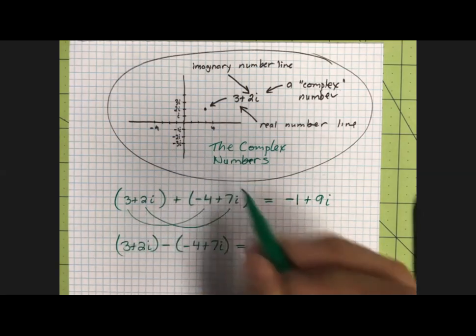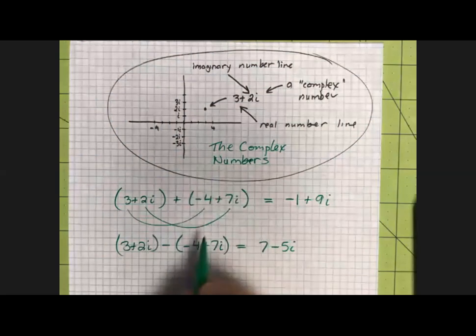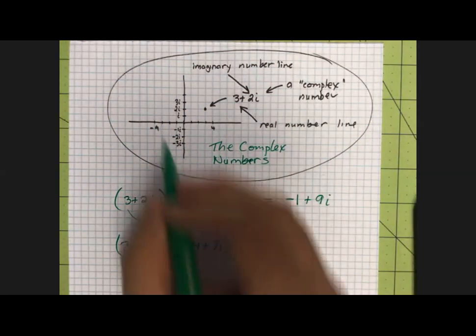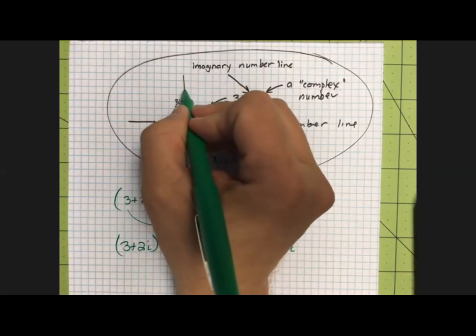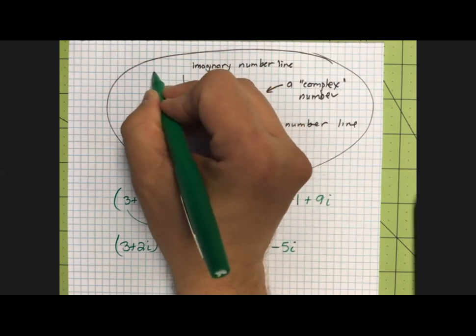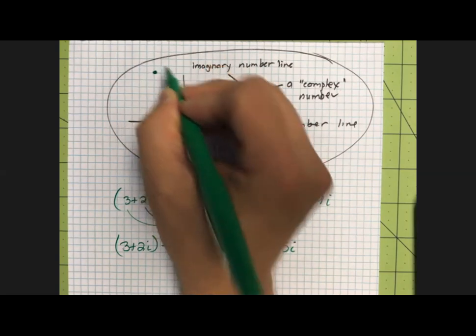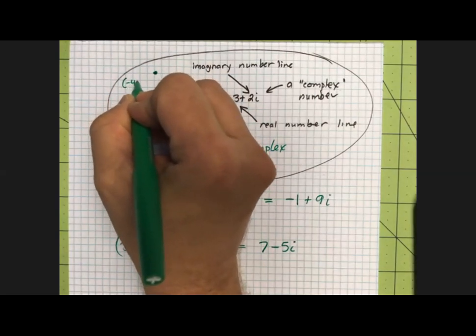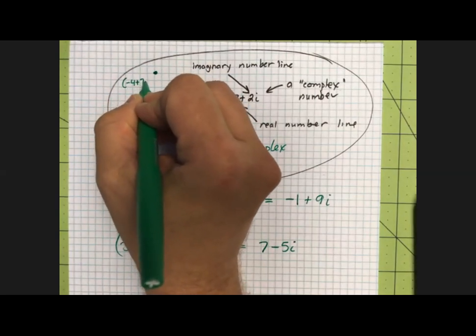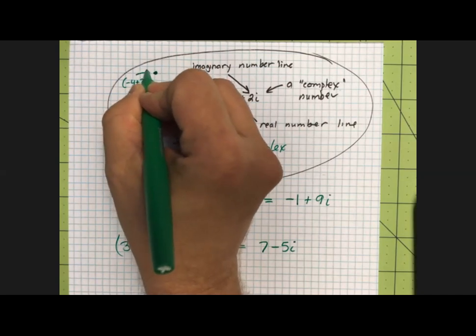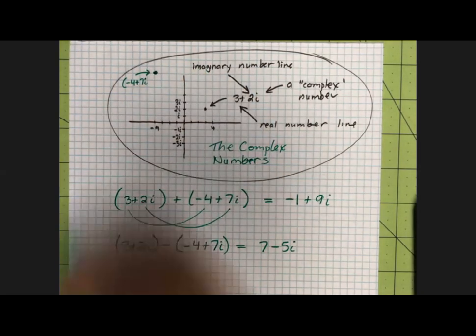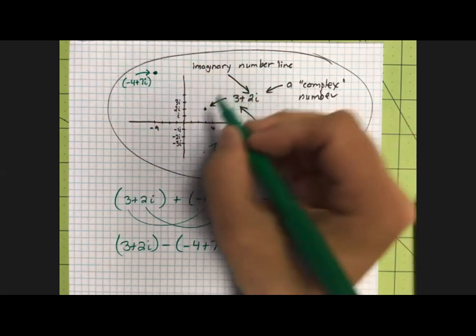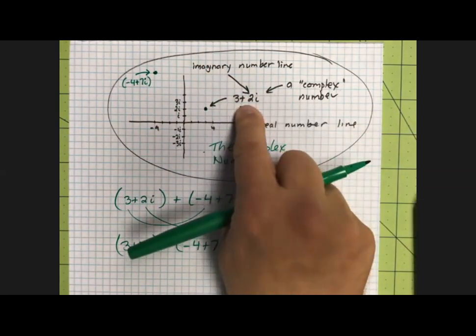So what I've just showed you is that if I pick out, now where's -4 plus 7i? That must be pretty high up here. That's right there. There's -4 plus 7i. Right there. And here's 3 plus 2i right here.